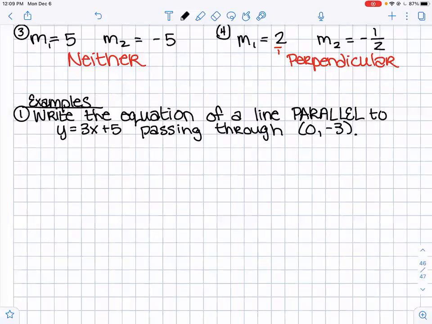Okay. So we're going to write a separate line that's parallel to the line that they gave us, okay?